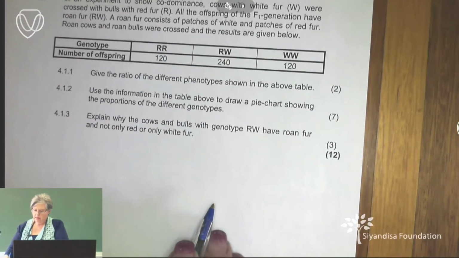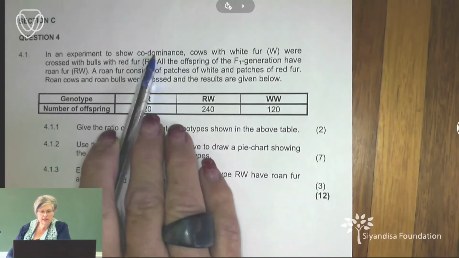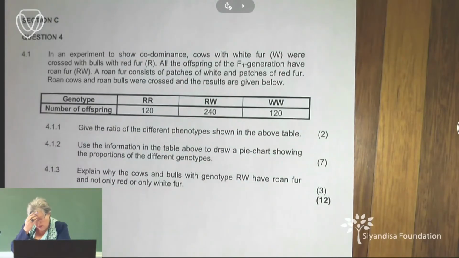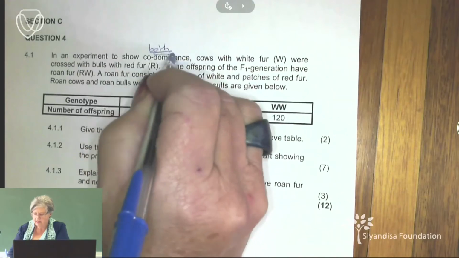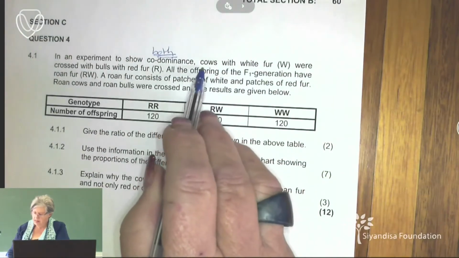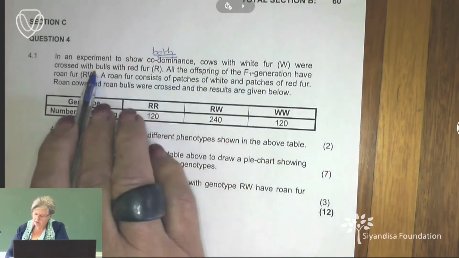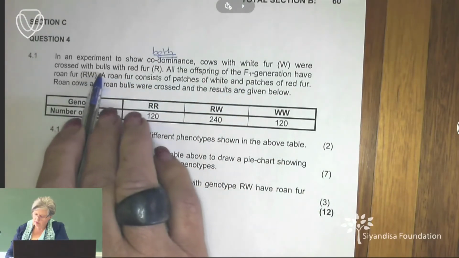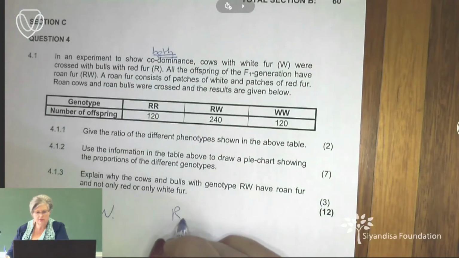In an experiment to show codominance, co means both colors appear. Cows with white fur, so my one symbol will be white, and bulls with red fur, so that's my symbol for red.